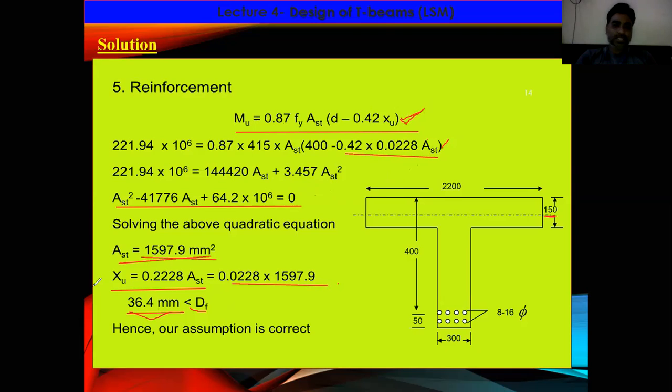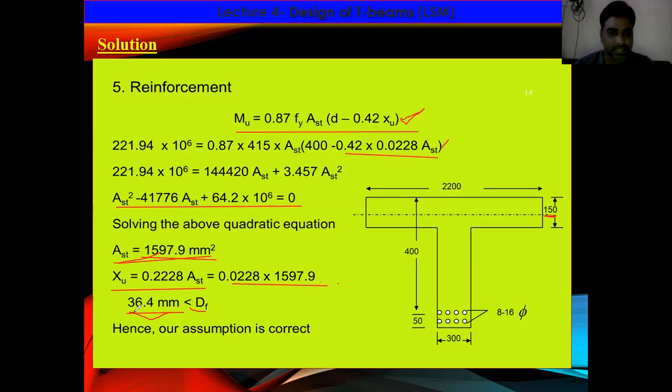And one more thing is, after determining the A of ST, again you need to calculate the actual depth of neutral axis, and the corresponding value should be checked, whether your assumption is right or wrong, by comparing with your thickness of flange. So here my assumption is right, and whatever calculations I have done, everything is right.